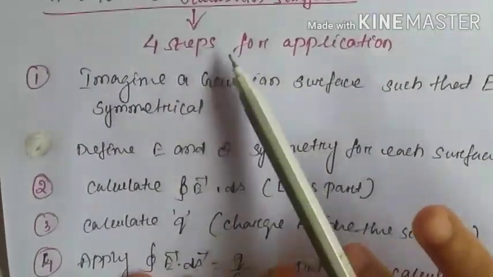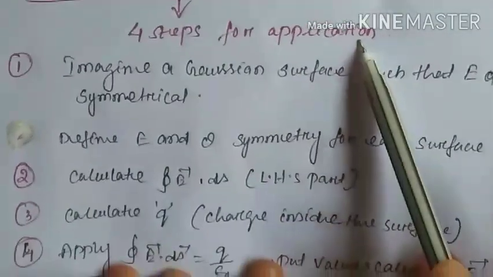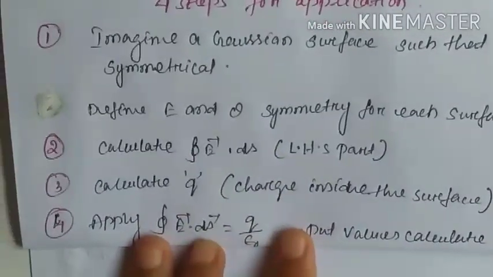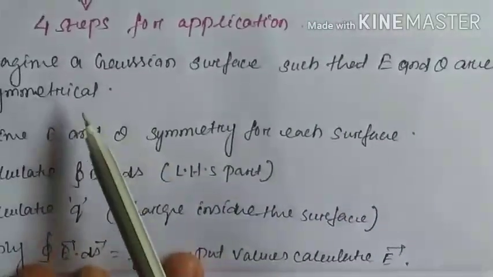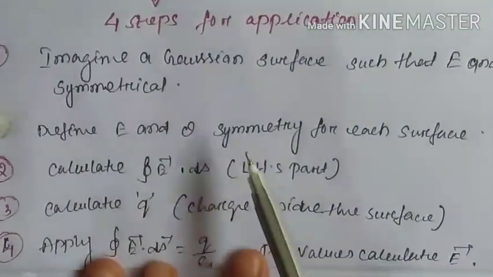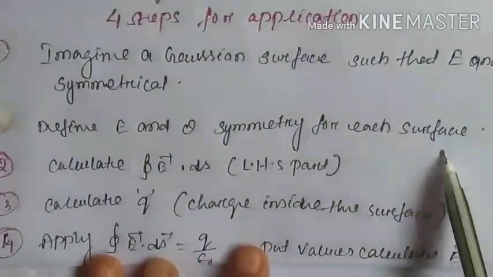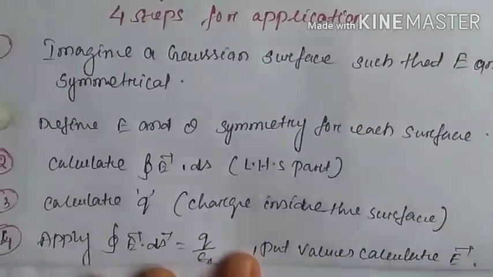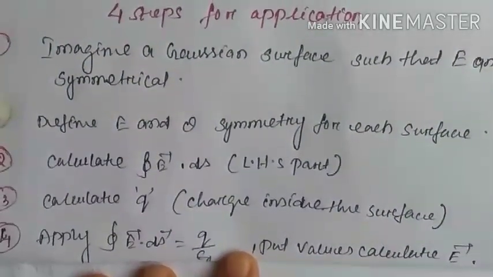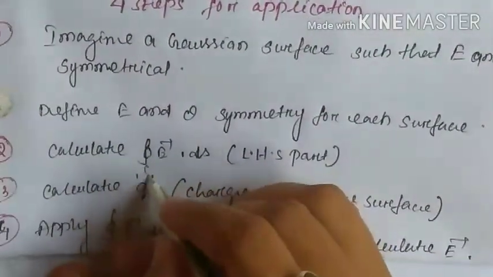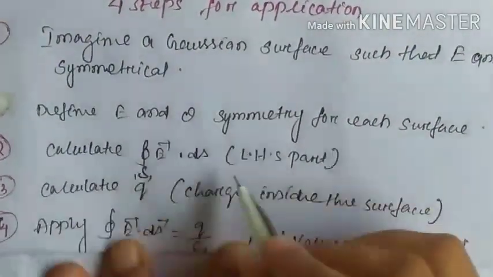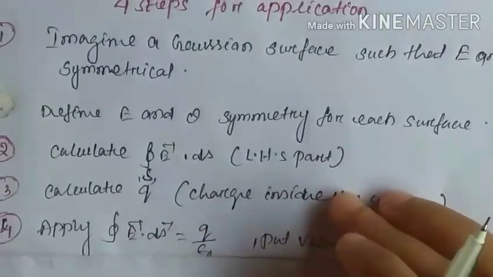For that we use 4 steps. What are these? At first we will consider a Gaussian surface such that E and theta are symmetrical. We define E and theta symmetry for each surface. The next step, what will we do? We will calculate the surface integral E dot delta S, the left hand side part.